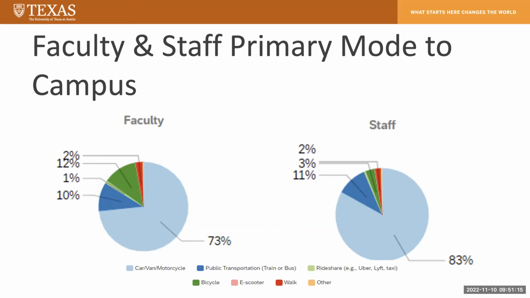And as they live further and further from campus, the likelihood of them having public transportation service becomes less and less. The coverage of Austin's transit is very good in the interior portion of the city, but as you get further and further out, there's less and less service.